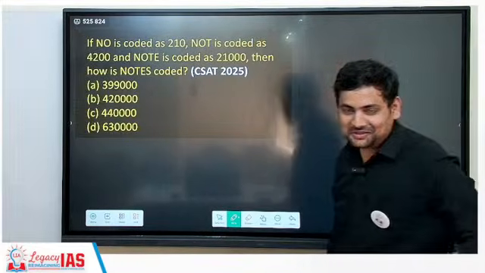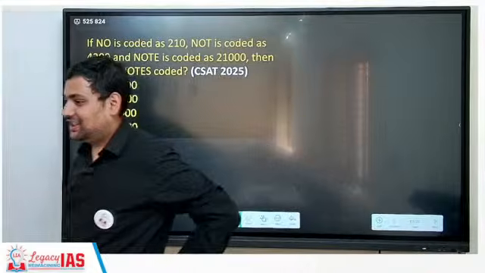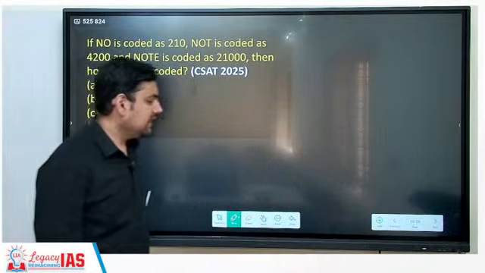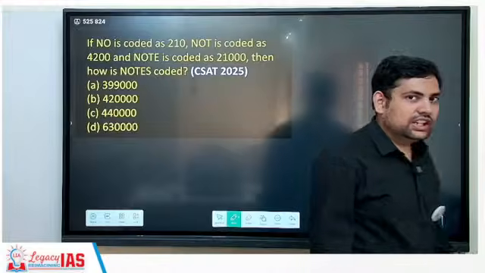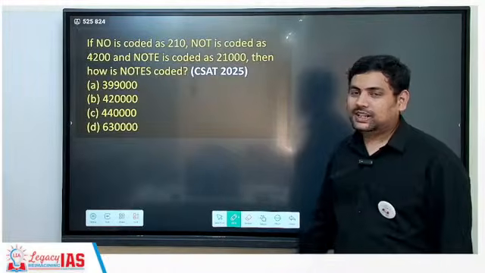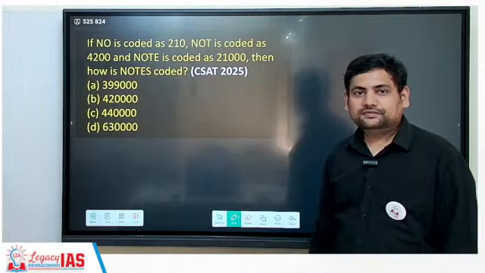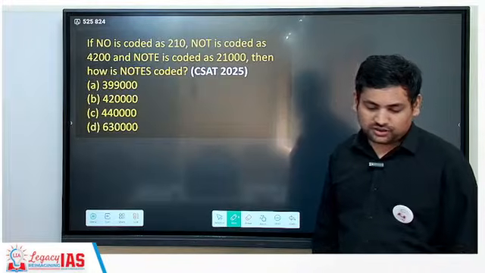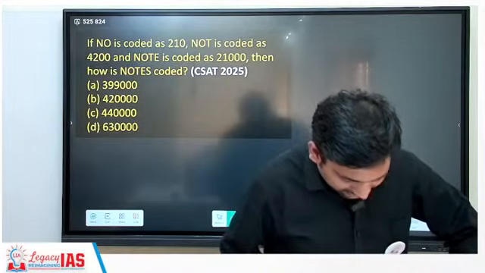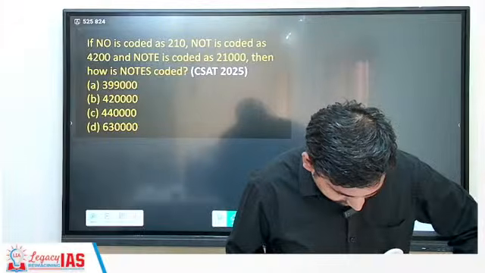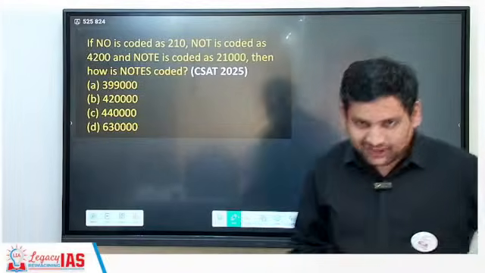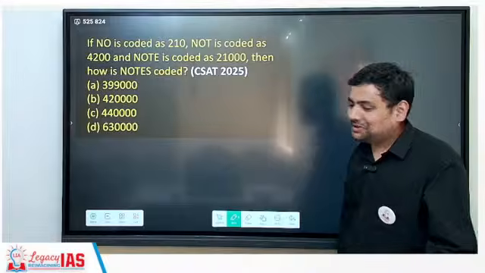Then let's get to 2025, which was just last year. Now, this was a good question. See if you can find anything. No is coded as 210. I'll wait so that you can solve.